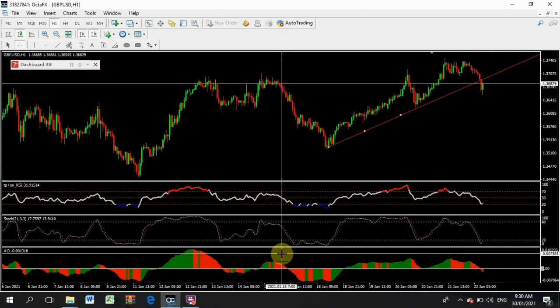Your stochastic oscillator is overbought, your RSI is below 50. This is another opportunity for you to enter a sell trade, and it is applicable to a buy trade also. When your stochastic oscillator is oversold and your RSI is above 50, you can go for that also. So that's another rule to be aware of.